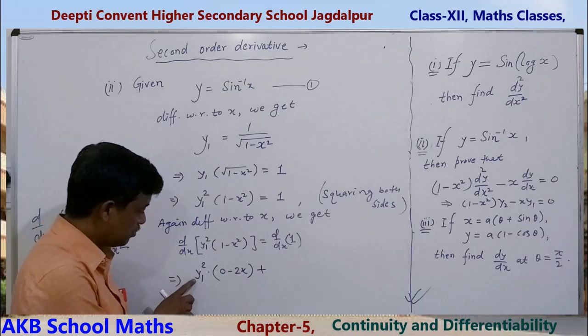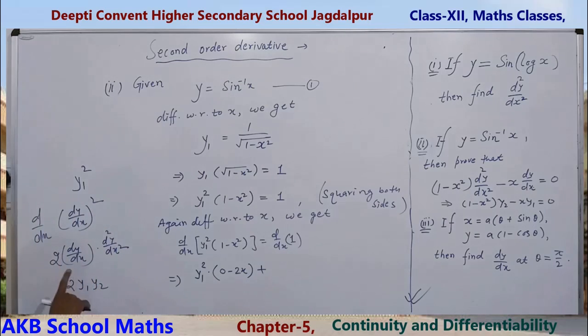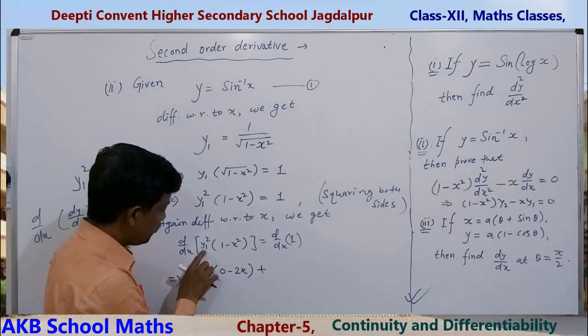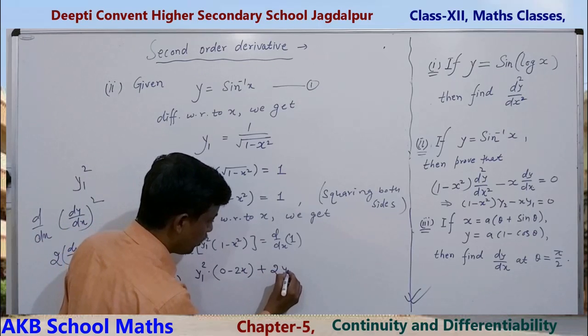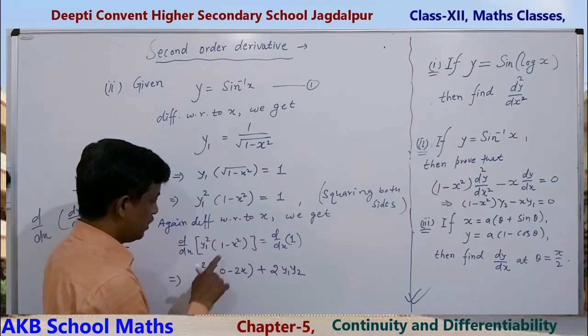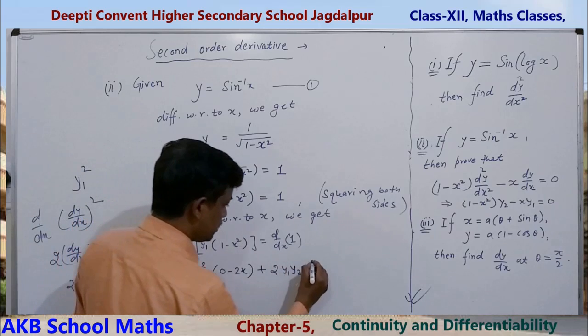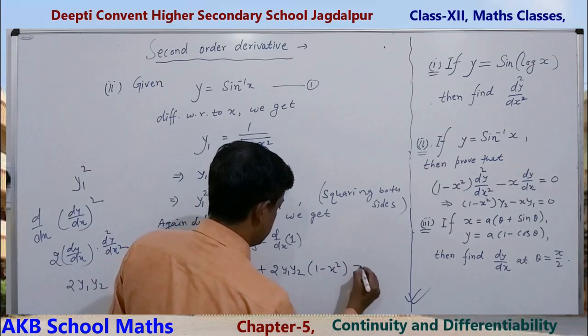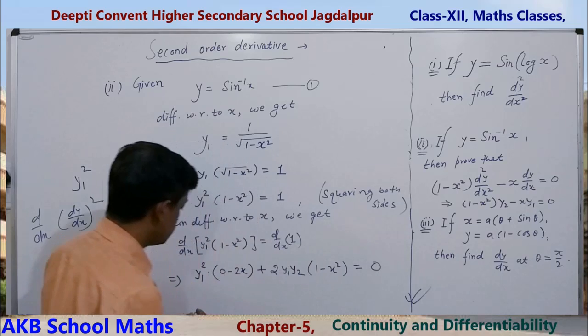So derivative of the first function, 2 y1 y2, and second function 1 minus x square, equals to right side 0. Derivative of constant is 0, derivative of 1 is 0.